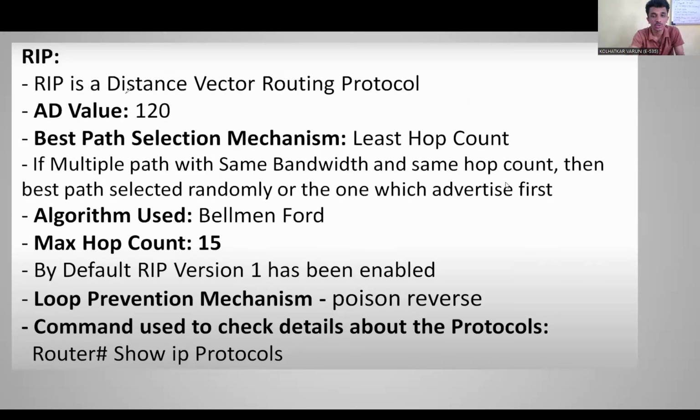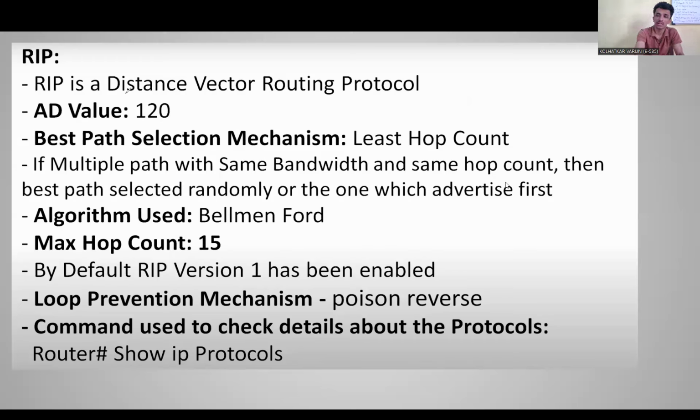So here one case we discussed: what if the hop count is less and the path is fastest. But what if we are having multiple paths with the same bandwidth?